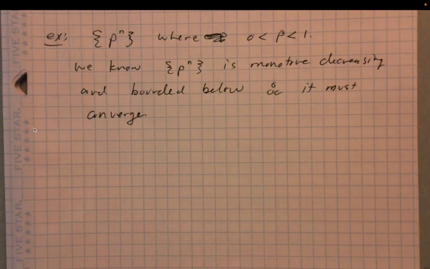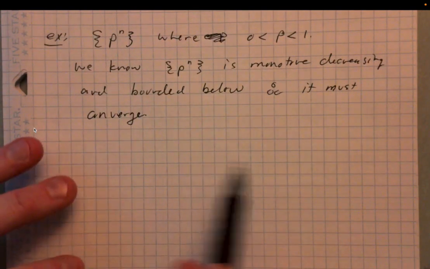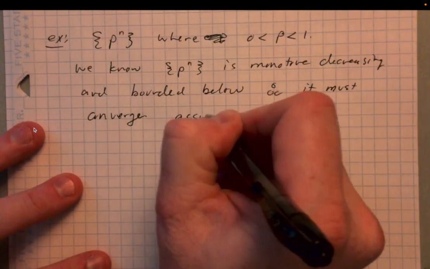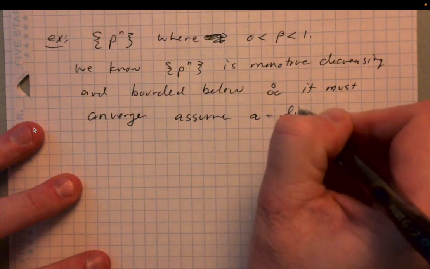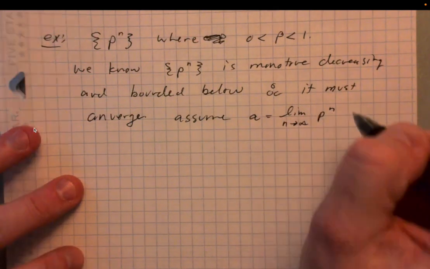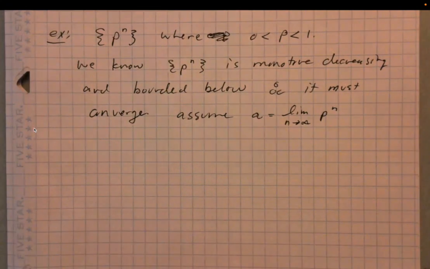So this guy must converge. Let's assume that a is equal to the limit as n goes to infinity of p to the nth power. Now, by the previous theorem, every subsequence of this sequence must also converge to the same value.